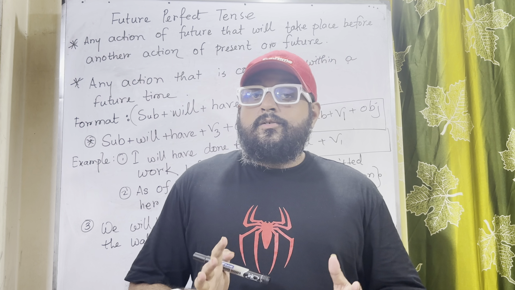If you want to express it in this way, you need to use future perfect tense. Any action of the future that you want to do, but the action will be done before another action, in that format you need to use the future perfect tense.